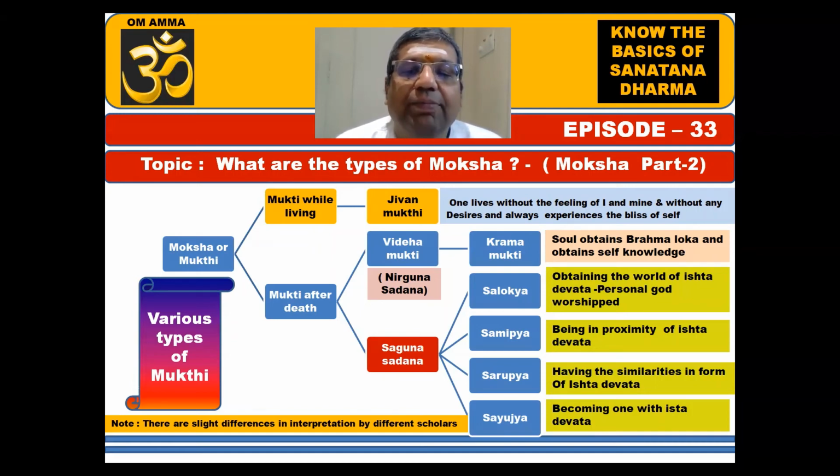Then there is Samipya Mukti, being in proximity of Ishtadevata, and Sarupya Mukti, having similarities in the form of Ishtadevata, and Sayujya Mukti. This is the highest, because that's what Narada was trying to say, Sayujya Brahma Sahidyam. Brahma Sahidyam means one with the universal Godhood, one with the source of creation, one with the Creator himself, one with our Ishtadevata himself. So, becoming one with Ishtadevata.